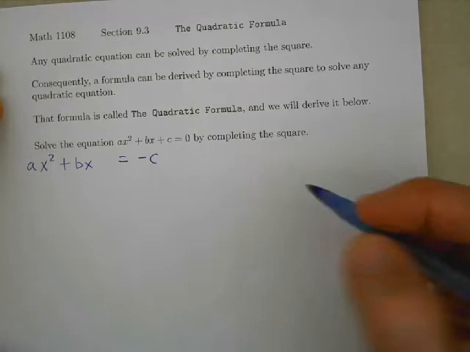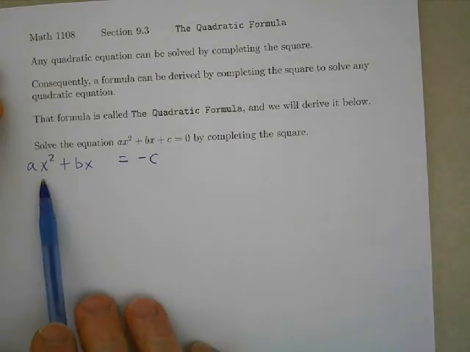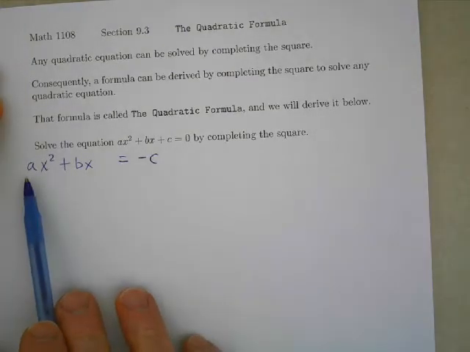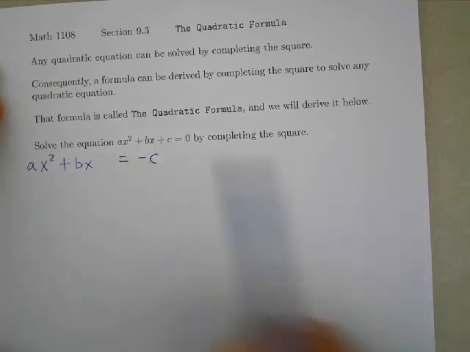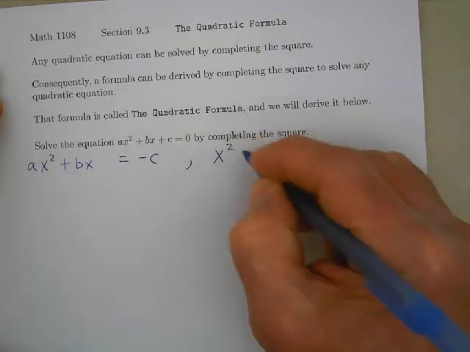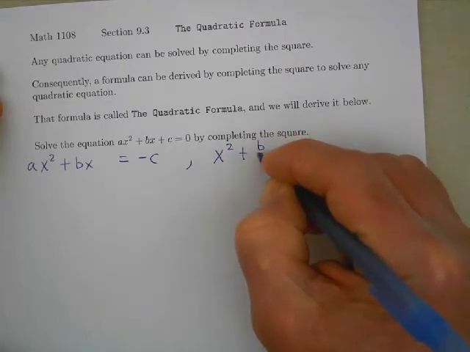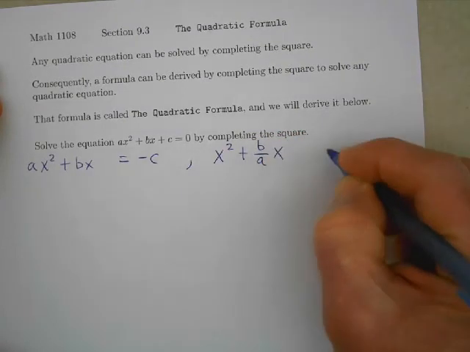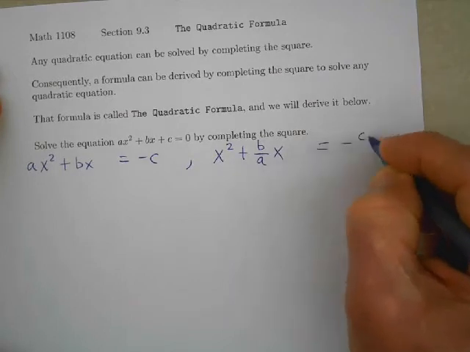Then we divide every term on both sides by the coefficient of x squared. That is, we divide every term on both sides by a, and we get x squared plus b over a times x equals negative c over a.